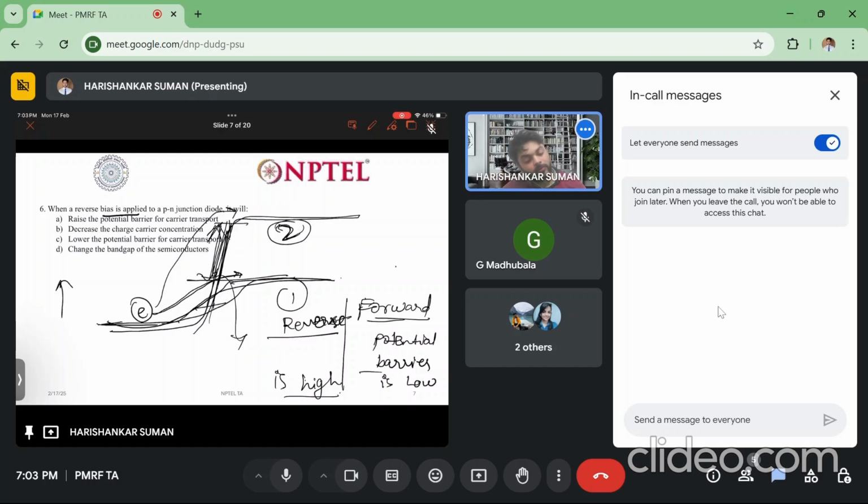So please think about this: how the barrier will go up and low when we apply the biasing. Okay, sir.